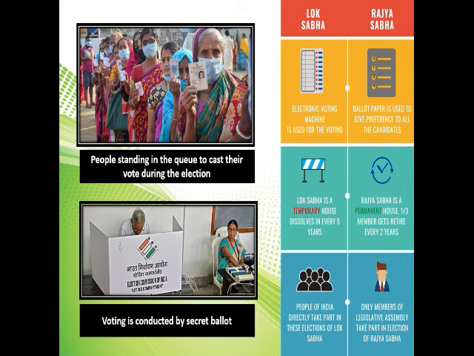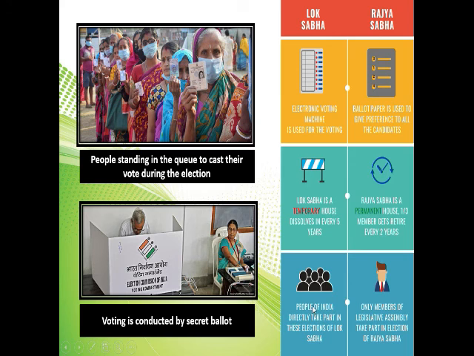Voting is conducted by secret ballot, and people stand in the queue to cast their vote during the election. This is the image for the Lok Sabha elections and then the Rajya Sabha elections. Electronic voting machines are used for this voting, and the ballot paper is used to give preference to the candidates. Lok Sabha is a temporary house dissolved every 5 years, and Rajya Sabha is a permanent house where one third of the members retire every 2 years.